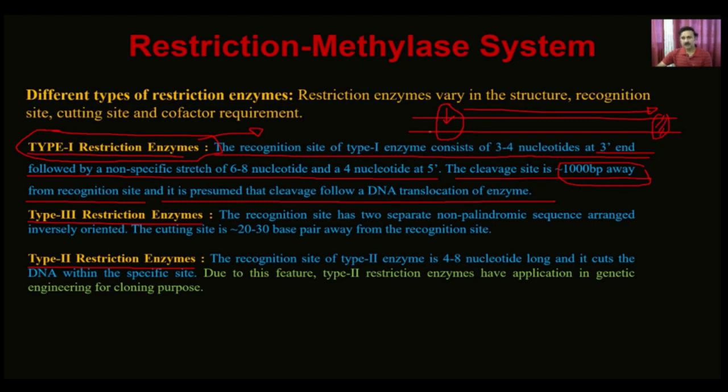The recognition is also not very specific. It is only going to look for these 3 to 4 nucleotides and so on. So that's why type 1 restriction enzymes are not useful in terms of genetic engineering.